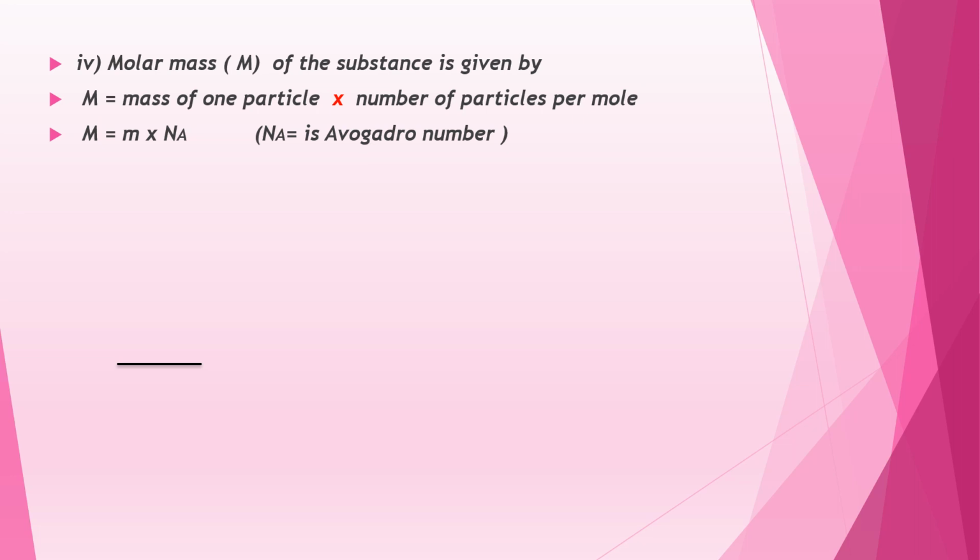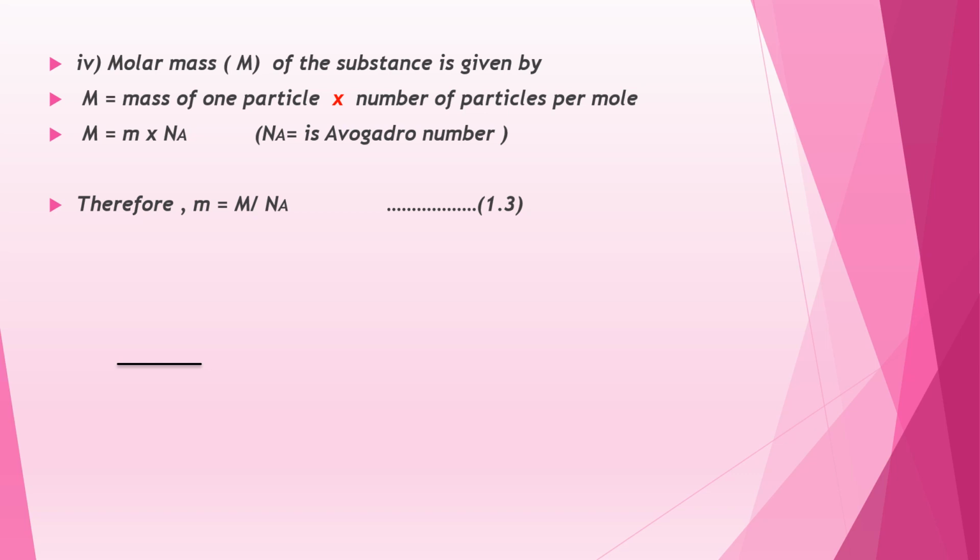Na is the number of particles per mole, that is Avogadro's number. Therefore, capital M is equal to small m into Na.